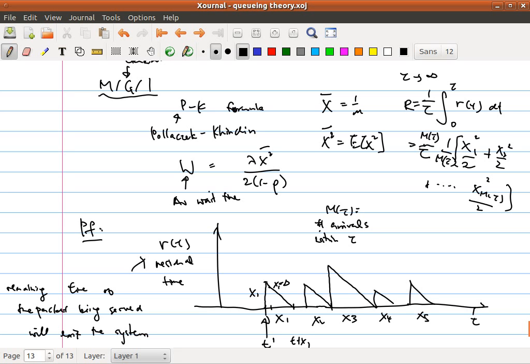But m tau over tau is the number of arrivals over a period of time, that would be just the arrival rate, equal to lambda.